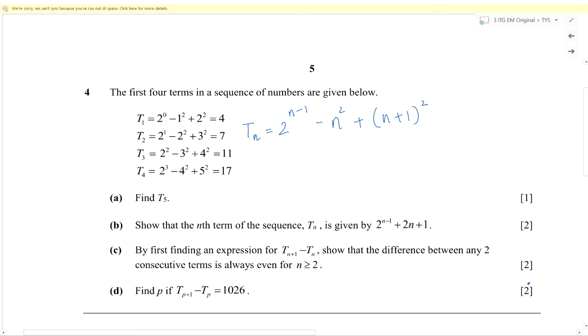This is generally how we obtain the value of the nth term. So our job now is to expand this and simplify. 2 power n minus 1 minus n square plus n square plus 2n plus 1. 2 power n minus 1, n square they cancel off, plus 2n plus 1. Doesn't take you very long.